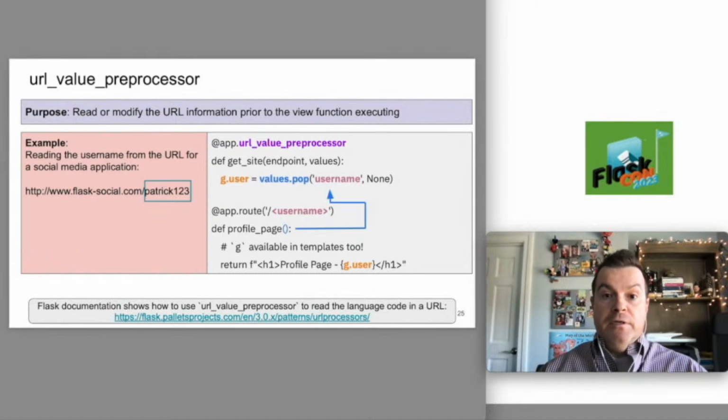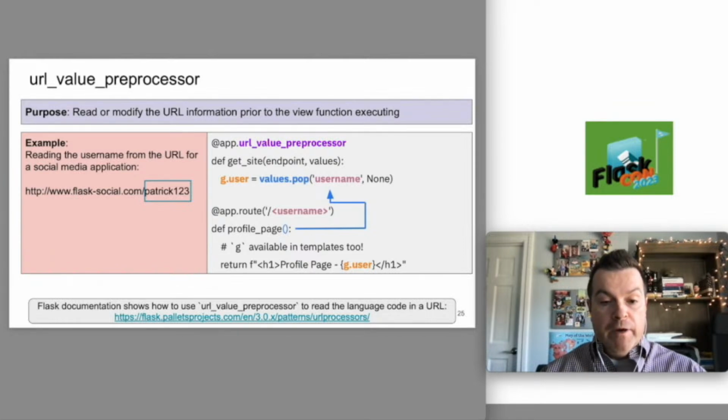Okay, so the first callback that's available is called url_value_preprocessor. And the purpose of this callback is to either read or modify the URL information before it actually gets passed to the view function. So the example I show here is, let's say you have a Flask social media application, and you have a route for viewing the profile page of different users.